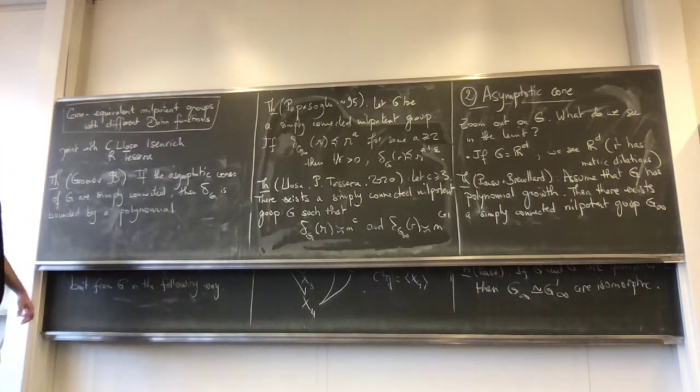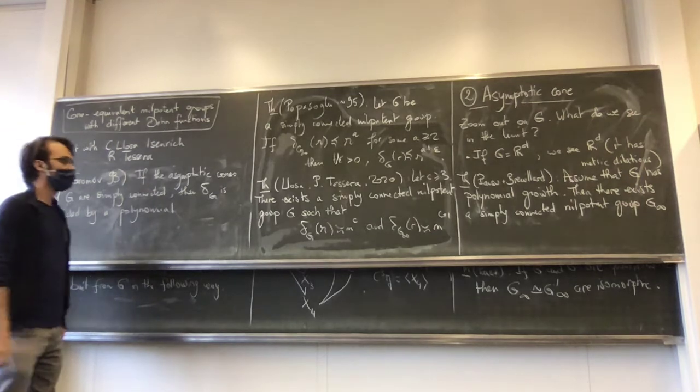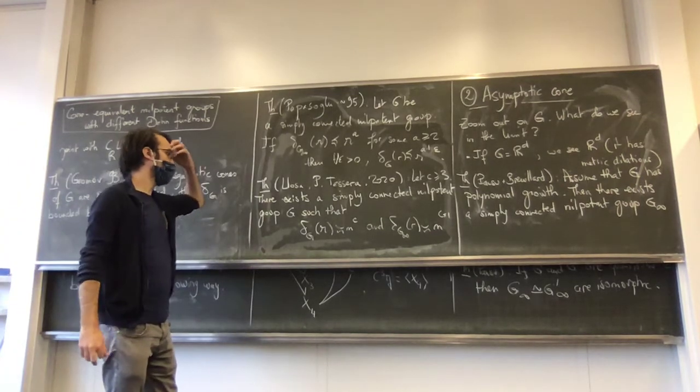So the Dehn function sees the difference between both groups, while the asymptotic cone doesn't.